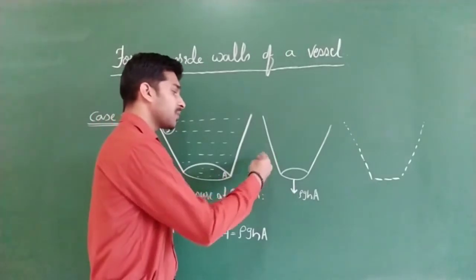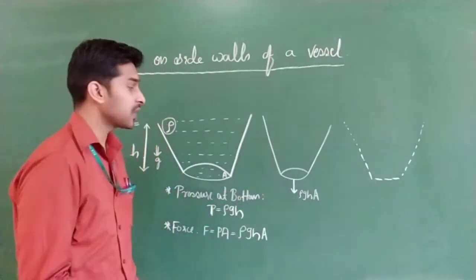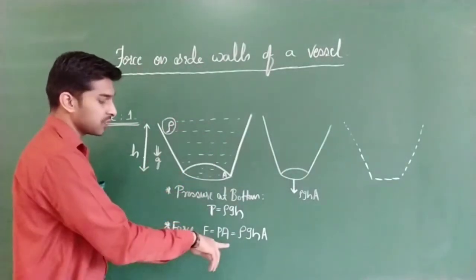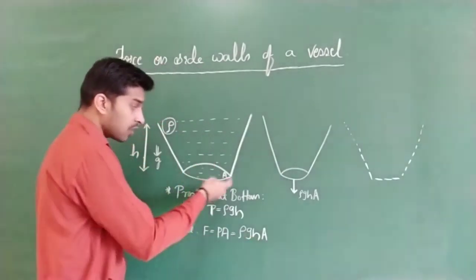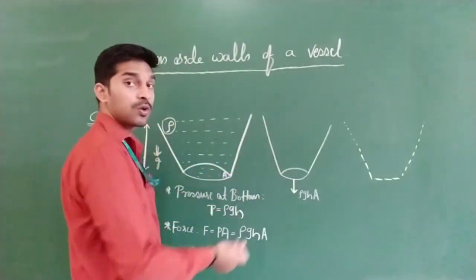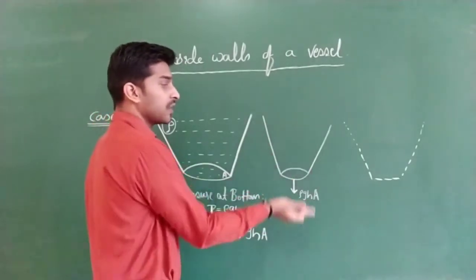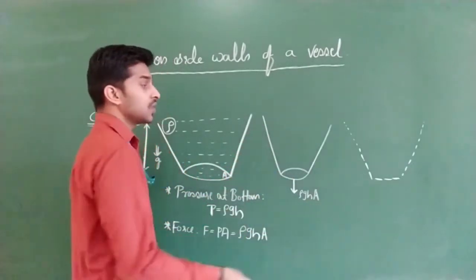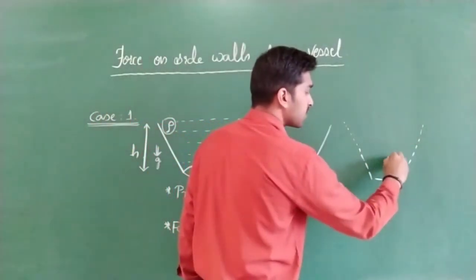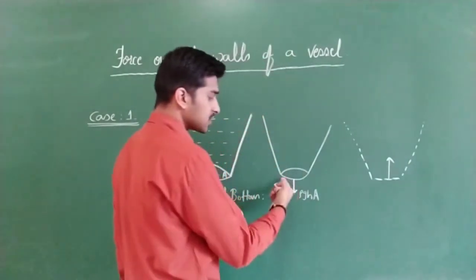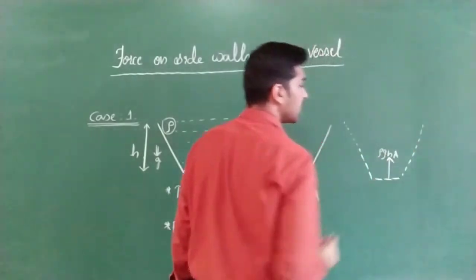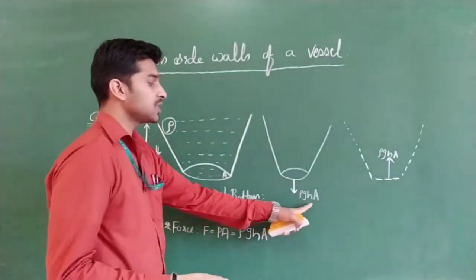I am pushing in this manner, but the board is pushing me in this manner. Here the liquid has been exerting some force, rho g h A on the vessel. So simultaneously the vessel has to push with rho g h A force on the liquid in the upward direction. Clear? So this is only the liquid part. This force is the force applied by this vessel, and it is rho g h A. Clear? Are you all understanding? So rho g h A is nothing but what?